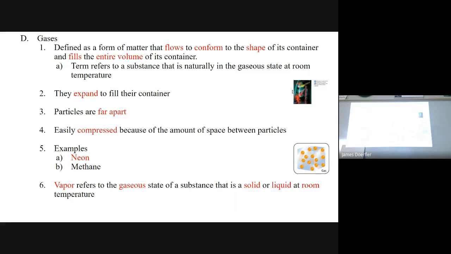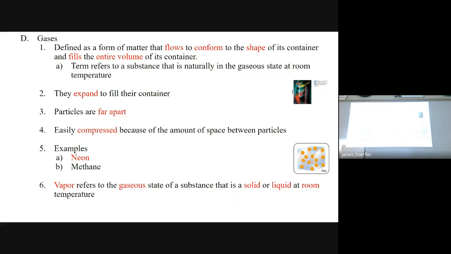Now, I was mentioning earlier that gas and vapor, albeit extremely similar and often used interchangeably, have a difference between them. A vapor refers to a substance that, at room temperature, is either solid or liquid.